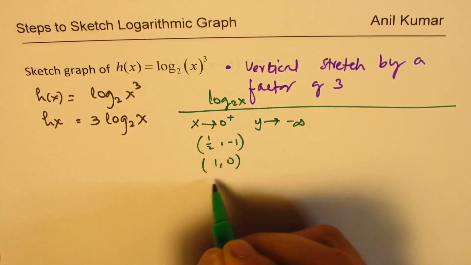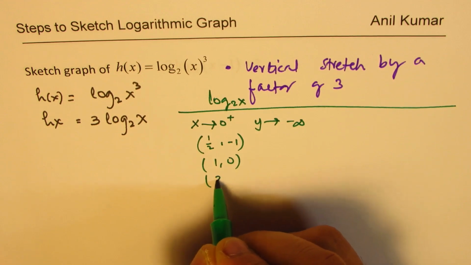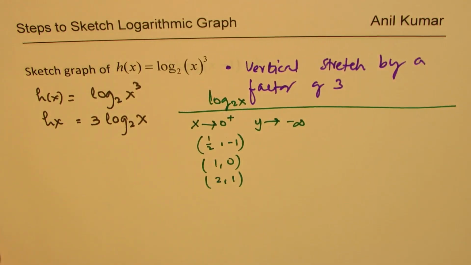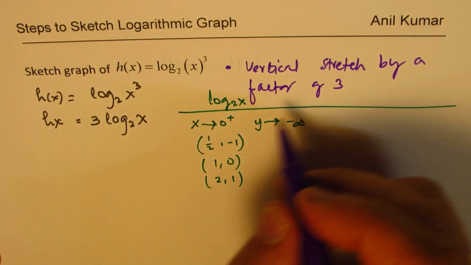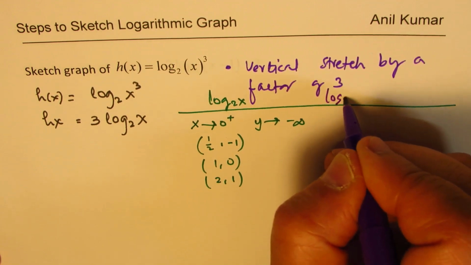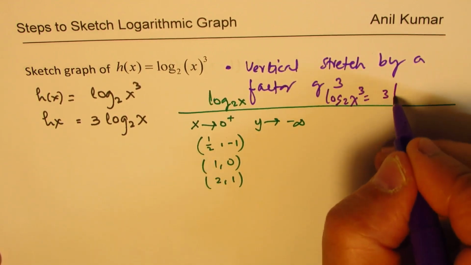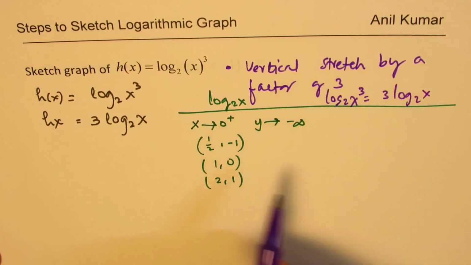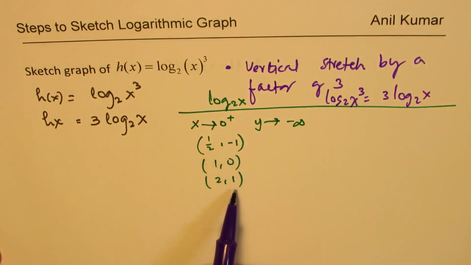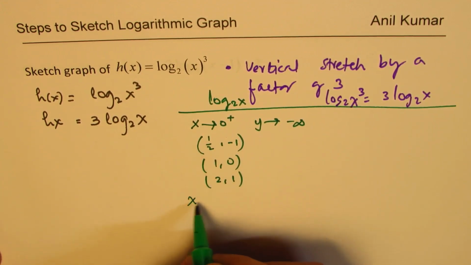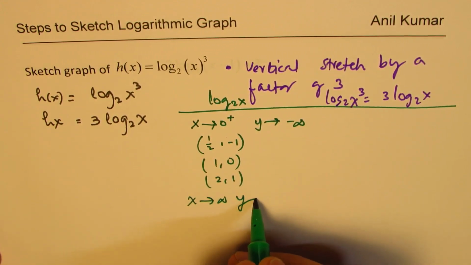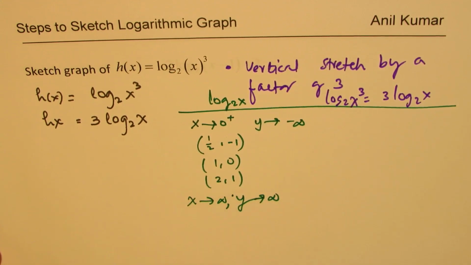For 1, we get 0. And for 2, we get a value of 1. Now, with the transformation, we have log to the base 2 of x cubed, which is same as 3 times log to the base 2 of x. So the y values will get multiplied by 3. Infinitely large values will remain infinitely large. Correct? Does it make sense to you?